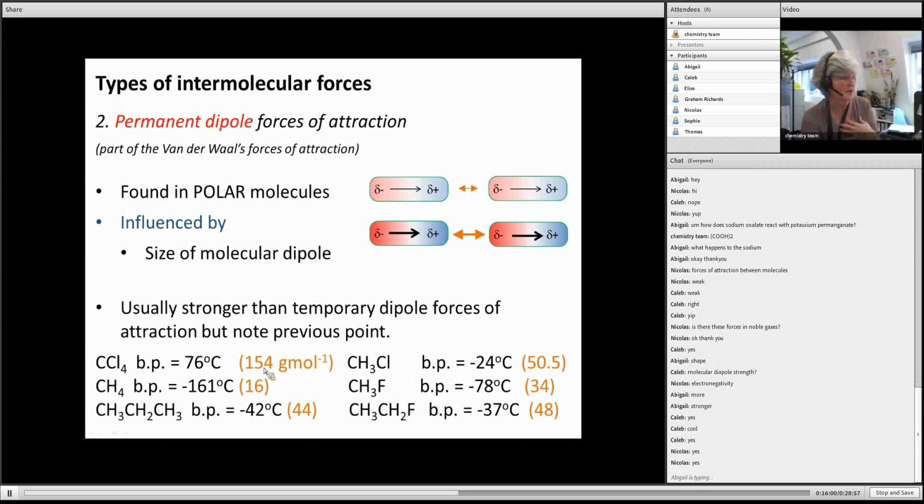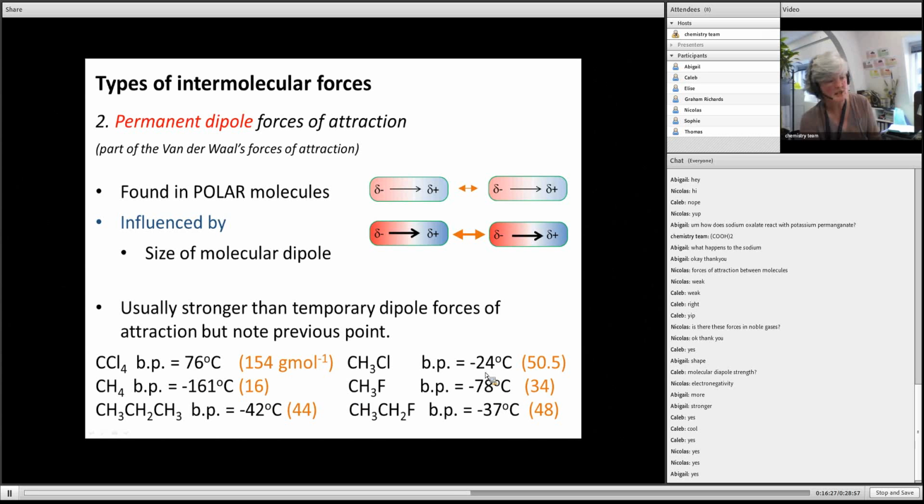Yeah. Okay. So here's another one, but we have gone the other way. This is non-polar, but it's light. It's only 12 plus 4, 16. This one's a little bit heavier, and it's polar. So you can see there's a big jump up. It's still minus 78, but it's still a lot higher in boiling point than that one.